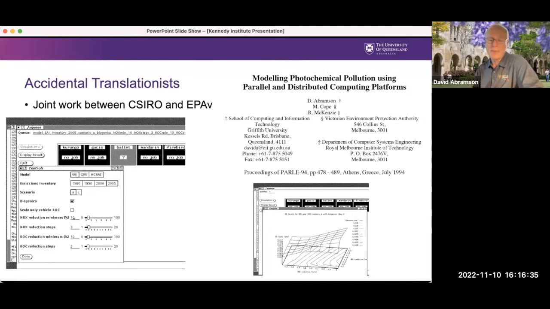Now, I don't know whether anyone in the audience is a chemist, but smog is not just a byproduct of the precursors that come out of cars or factories or whatever else, but it's chemistry that's actually occurring in the atmosphere.